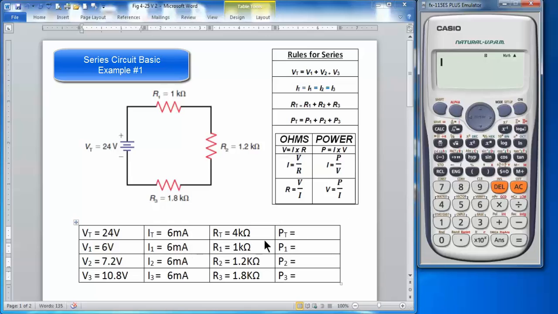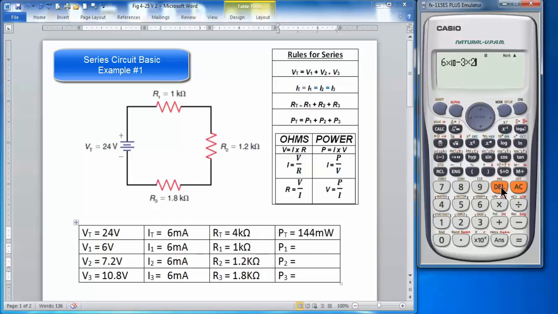So now that I have that, I can go ahead and calculate my PT. My PT is equal to my IT times my VT. My IT is 6 milliamps times my VT of 24 volts. And this gives me 144 milliwatts. I can go up here and do the next one.